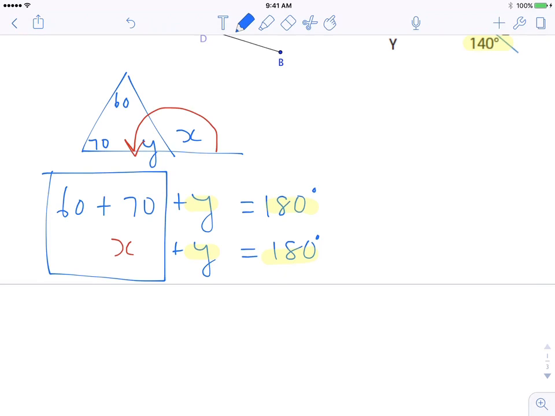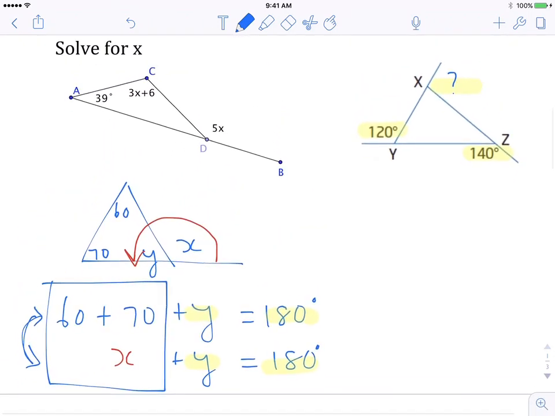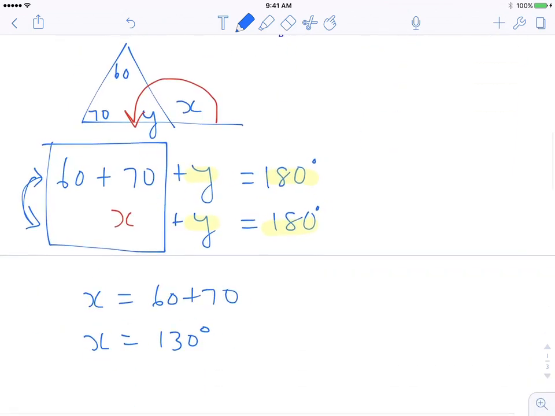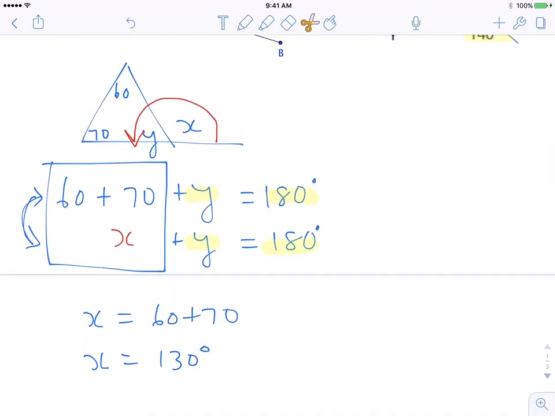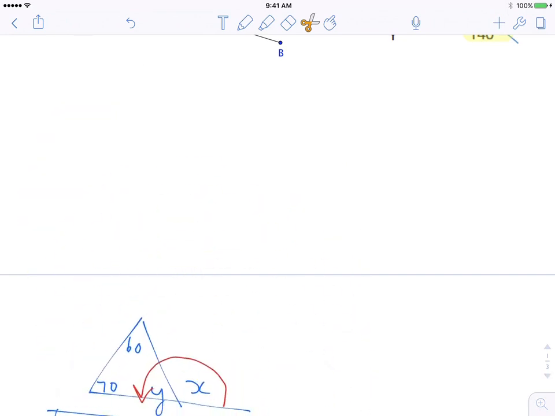Therefore, these two must be the exact same thing. So x has to equal 60 plus 70, and so x equal 130 degrees. And that holds true also for this. I'm just going to move that lower for a second.